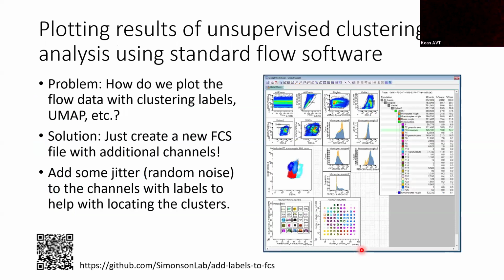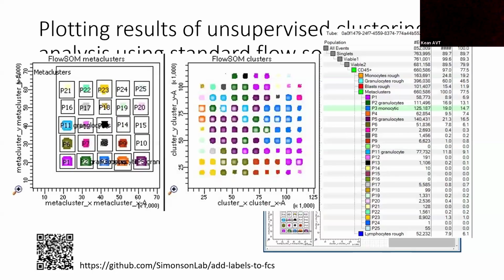So one way we've solved that problem is, again, we create the files, and in terms of creating the new channels, for every label that we might make, we'll actually give it two coordinates, an X coordinate and a Y coordinate. And what we're doing is we're plotting it on a grid.